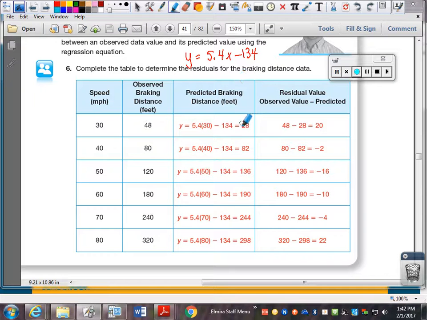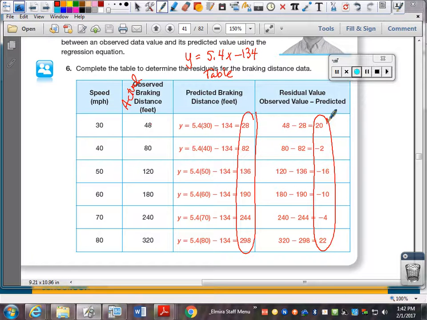We put that into the y equals, then looked at the table and pulled these values right out of the table. Then, to get residuals, you're taking the actual data, this is the actual data, 48, and subtracting what the equation predicted, and you get these values.